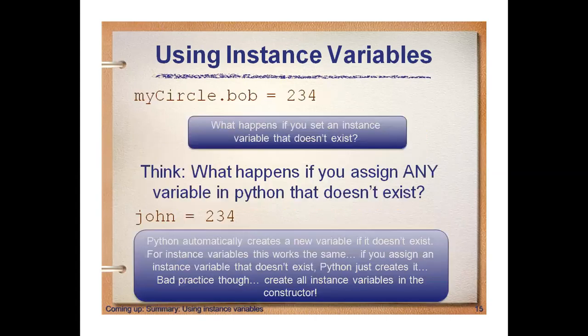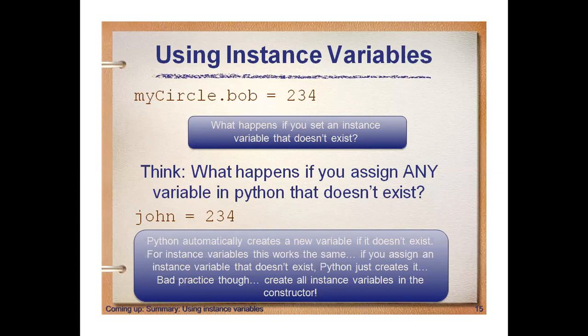Right? Now moving ahead, we are using instance variables. What are instance variables? Suppose myCircle.bob has some parameter and we put a value equal to 234, right? Now what will happen here? Let's see.